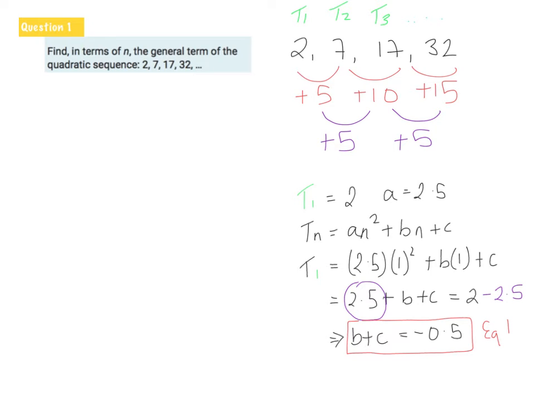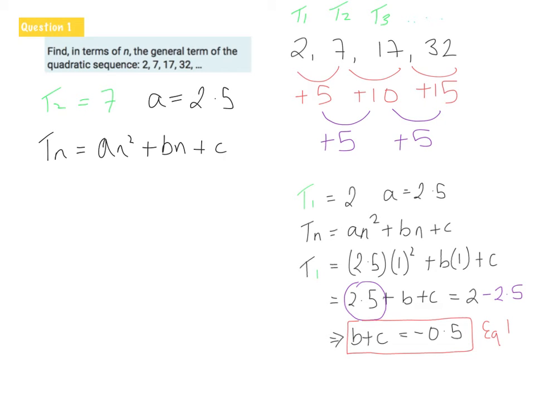Again, we're going to write out t of 2, which is equal to 7, and our a this time is still 2.5. The Tn formula, the same as always, equals an squared plus bn plus c.